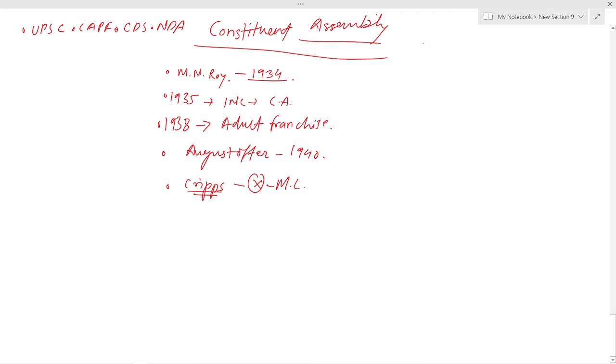Finally, the Cabinet Mission was sent to India. While it rejected the proposal of two constituent assemblies, it put forward a scheme for the Constituent Assembly which more or less satisfied the demand of the Muslim League. Now we'll start with the composition of the Constituent Assembly.